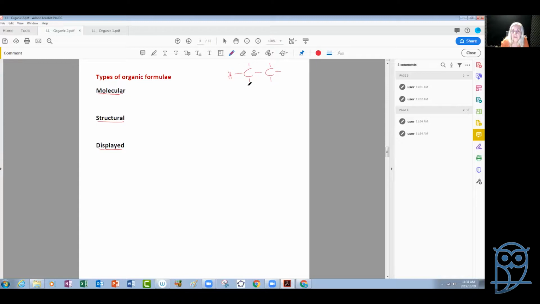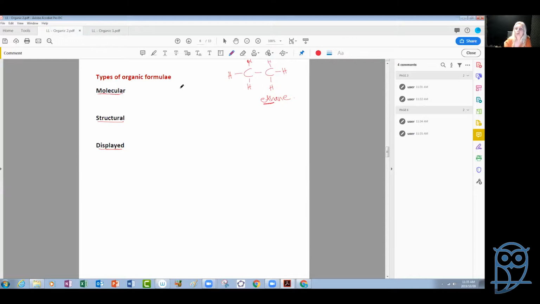So these bonds are bonding the carbon with hydrogens. So this would be a molecule of ethane. This prefix is characteristic of two carbons in our chain.